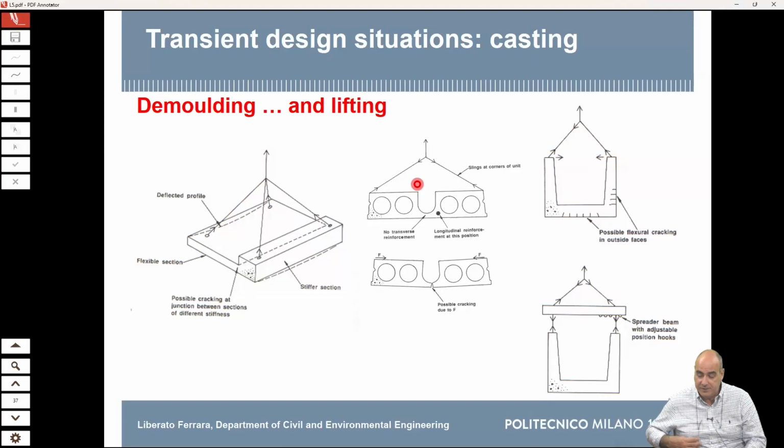And the same is true for this channel. If you lift in such a way that you have this bending, you will have some cracks. Imagine that this is an element which has to be waterproof in some way.